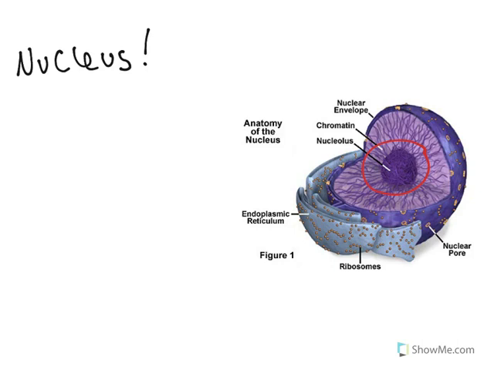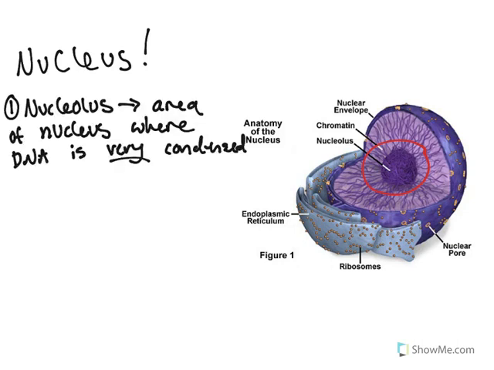A lot of times the DNA is going to be really condensed and packed in the nucleolus. And because the DNA is located in the nucleus, it makes sense that this is the site of transcription.